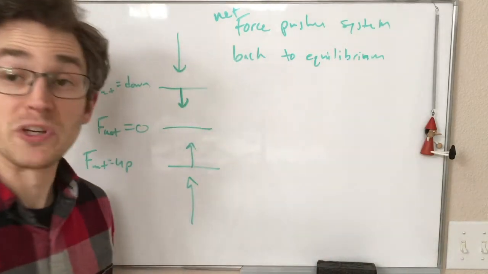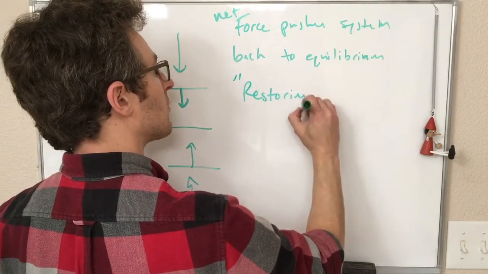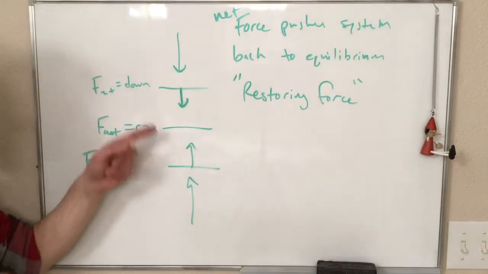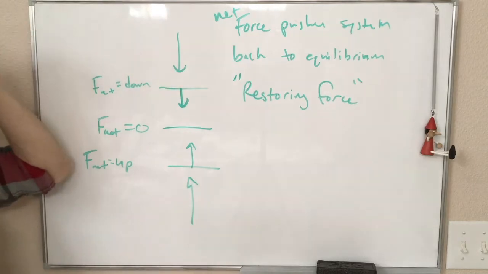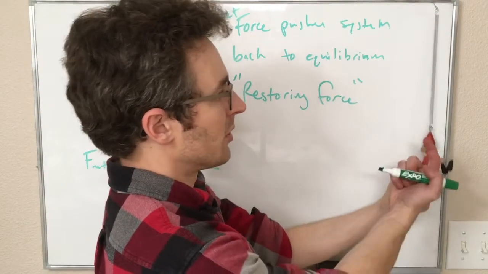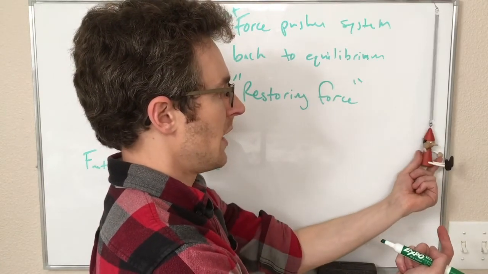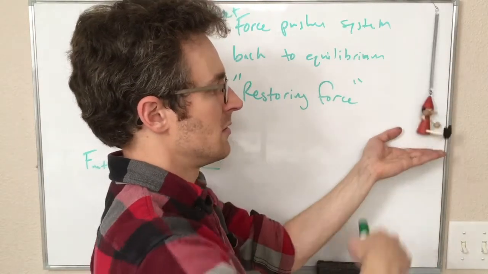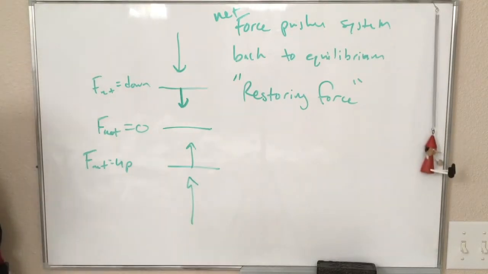This is called a restoring force, because the nature of the force changes, but it is always trying to restore our system to its equilibrium position. It's always causing this to accelerate upward when it's below its equilibrium position, and when it's above its equilibrium position, it causes it to accelerate downward. All right, so this is the idea of a restoring force.